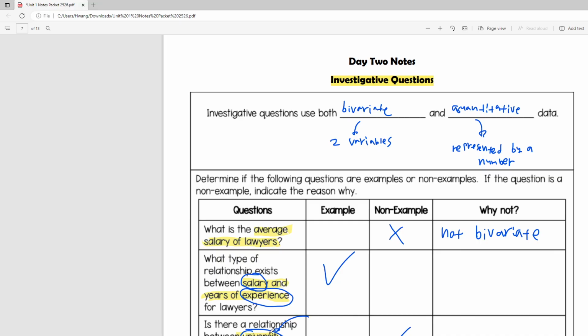Virginia Commonwealth University, George Mason University, they have names, but you cannot count those as a number like University 1, University 2, University 3. That's the reason why this is a non-example: university attended is not quantitative.